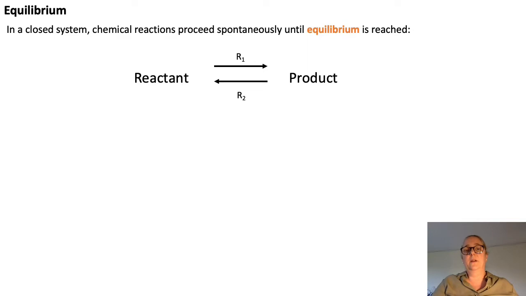If we consider a reaction in a closed system, the chemical reactions proceed spontaneously until equilibrium is reached. Here we have the reactant, which proceeds to make the product, and there is an equilibrium. The reaction proceeds until the components in the reactants run out or the products are broken down.